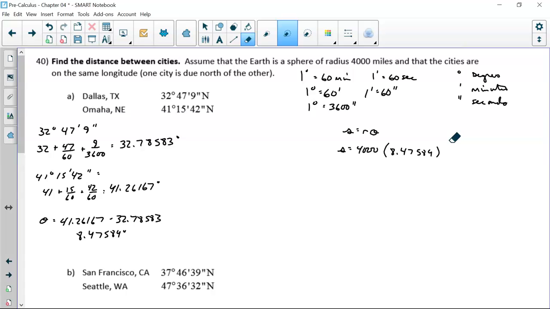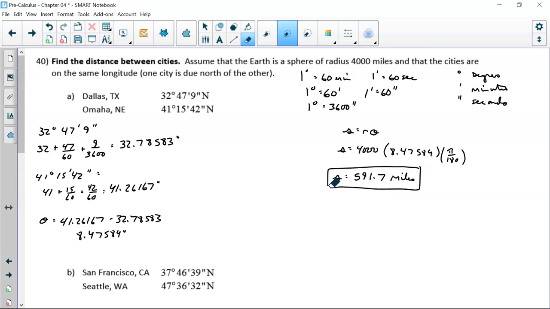So we're going to get about, and don't forget to change that to radians, so times pi over 180. And that's going to be about 591.7 miles. That's how far apart those two cities are around the surface of the Earth.